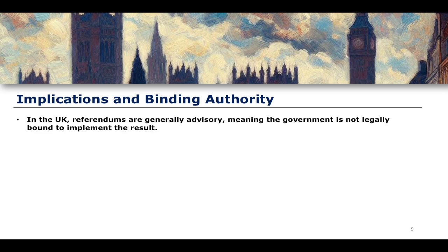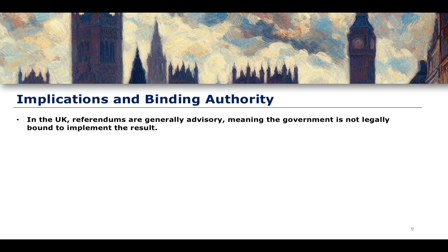So, as I've mentioned, when we talk about the binding authority and the legality of a referendum, they are generally seen to be advisory to Parliament, meaning that government is not legally bound to implement the result. If, for example, the Conservative government had the Brexit referendum result and decided to just ignore it and carry on as usual, there would be no legal challenges necessarily. There is no lawful challenge to that particular decision.